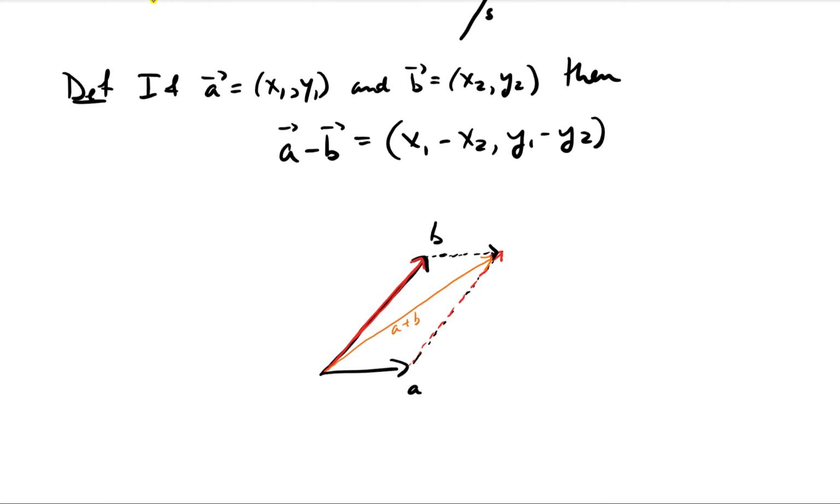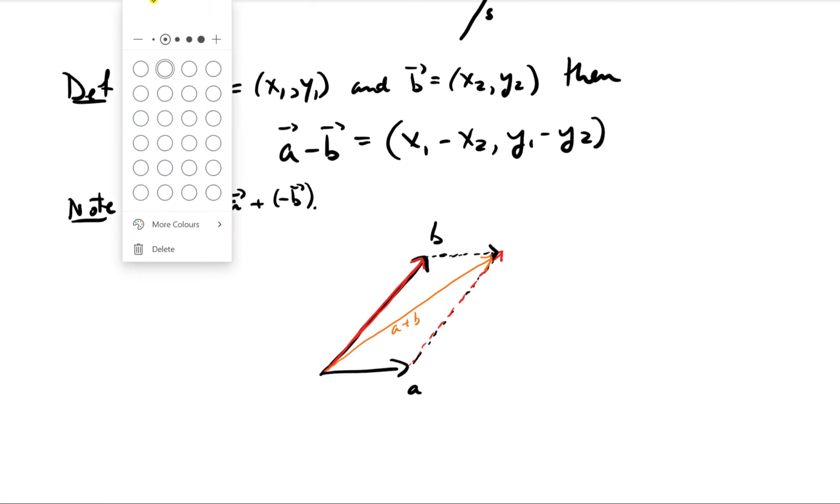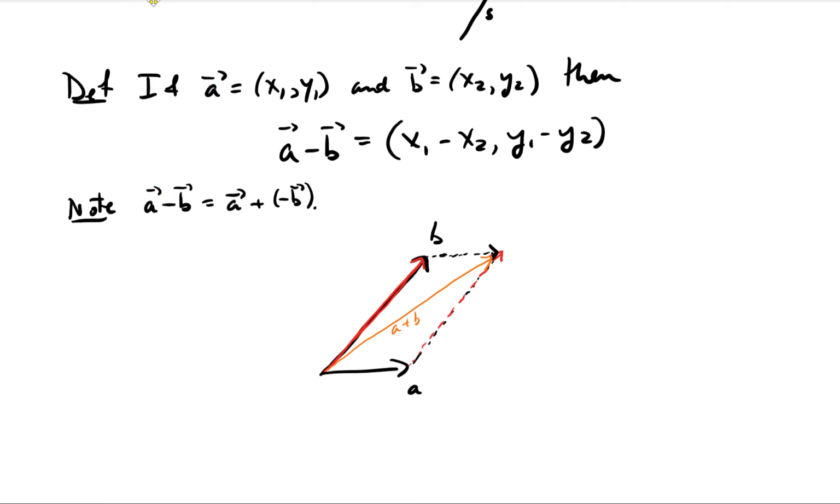Now if I do A minus B, that's the same as, maybe I can add this as a note, A minus B is the same as adding to A the opposite of vector B. Now what's the opposite of vector B? It's this vector here. Let me add it in, maybe in orange. Yeah, that's a good idea. So the opposite of vector B is here.